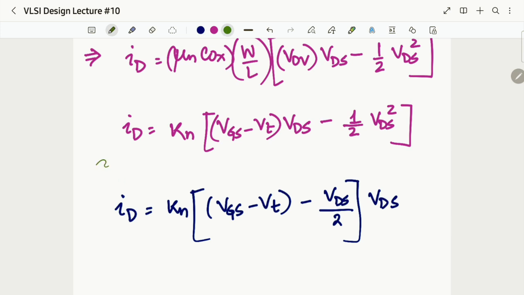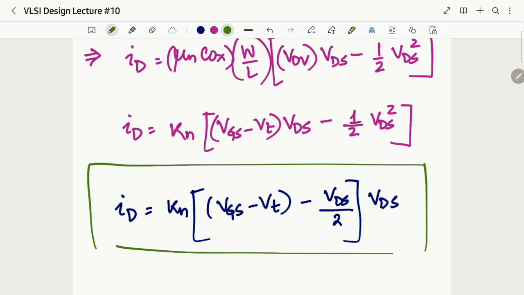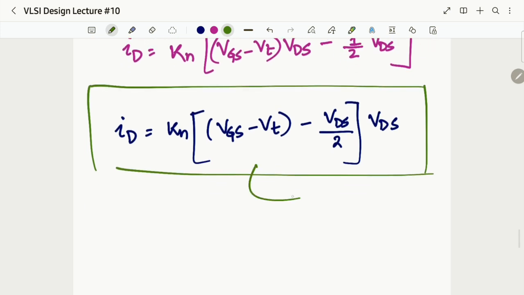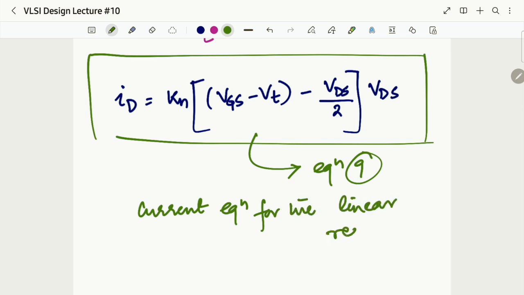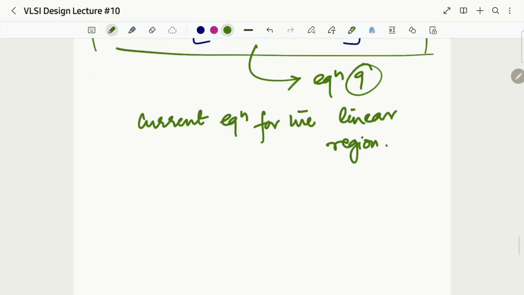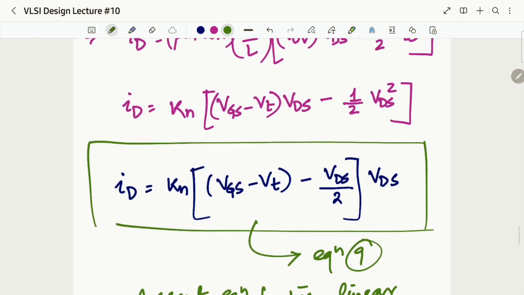This equation, that is equation 9, is the current equation for the linear region. Okay, so this is my linear region ID value.